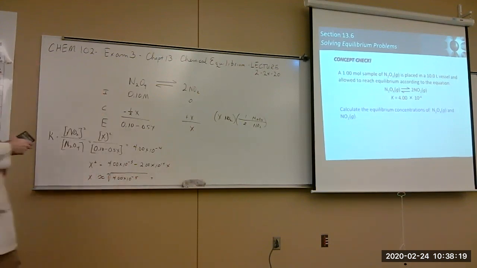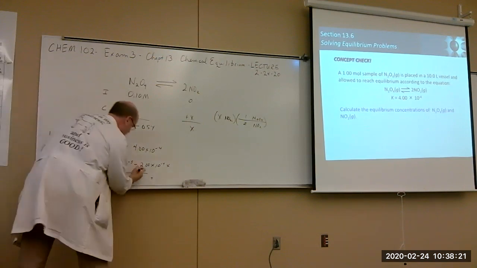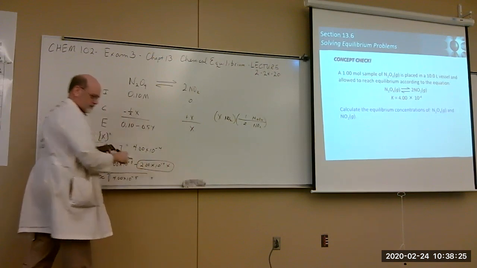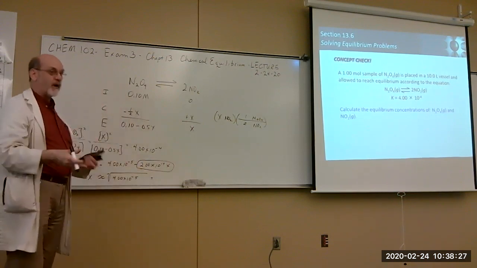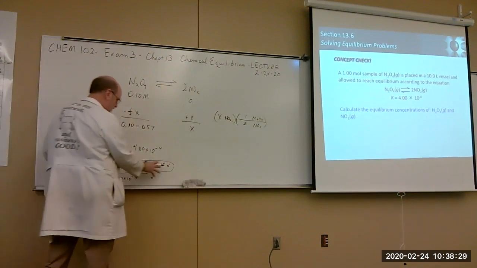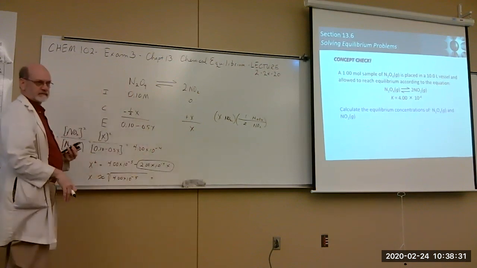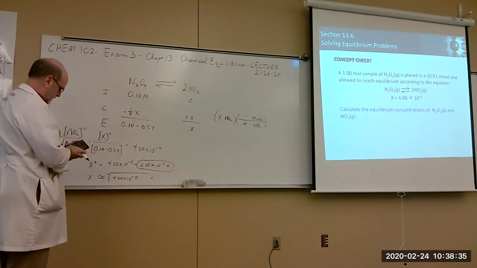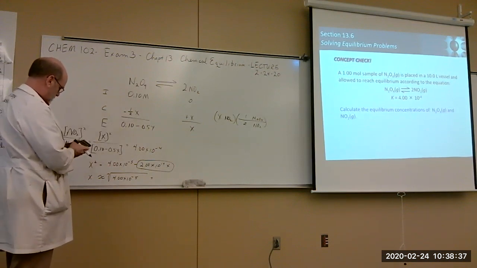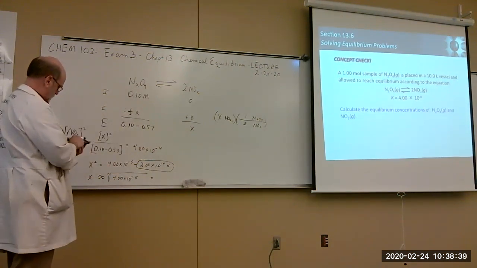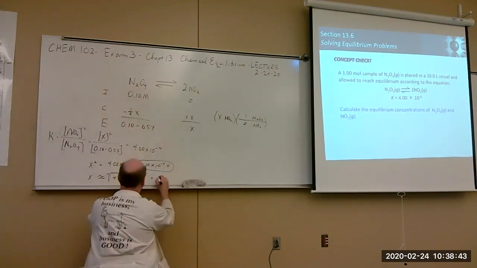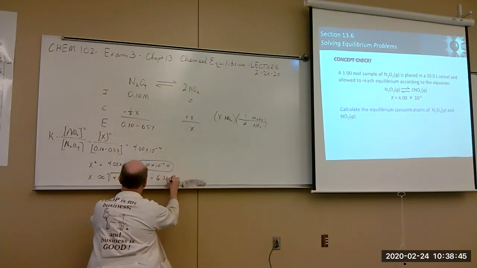Did I lose anybody? I'm saying that because I'm assuming x is very, very, very small, this term just goes away. Then we're only left with that term. So let's see. Square root. 6.32 times 10 to the minus 3.